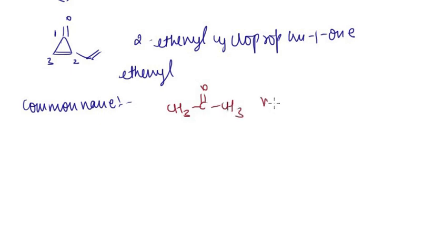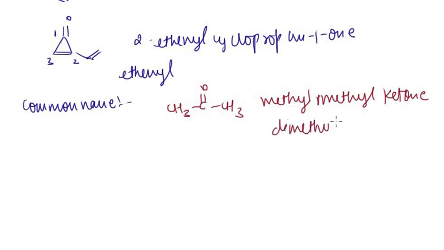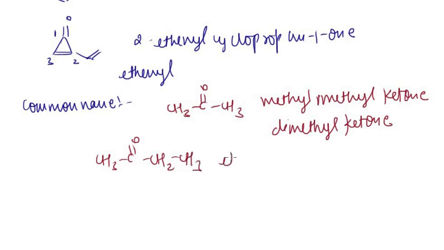It is methyl ketone, or we call it dimethyl ketone. Then it is CH3 C double bond O CH2 CH3. Then it is ethyl. E comes first, that's why we are using ethyl. Then methyl ketone. Both the alkyl groups we have to consider, right?